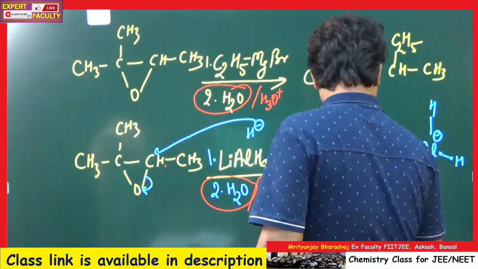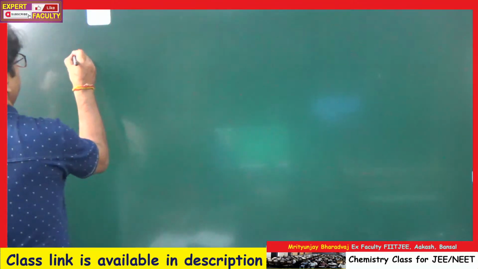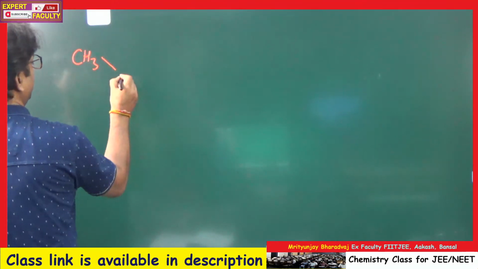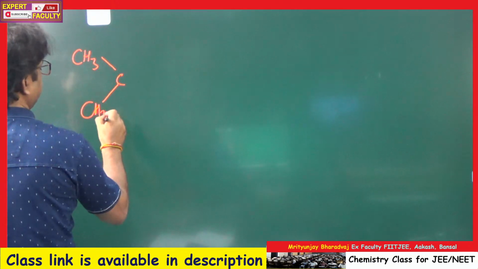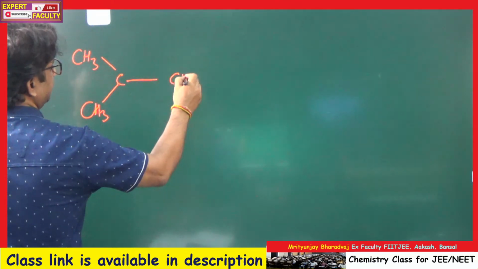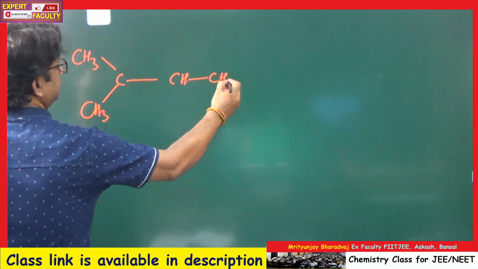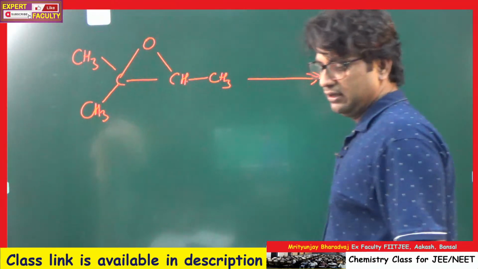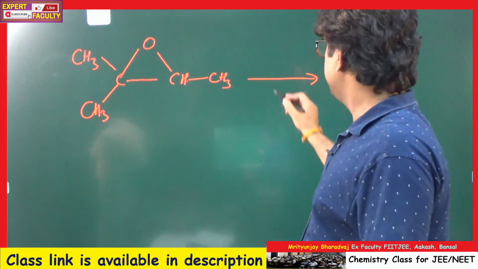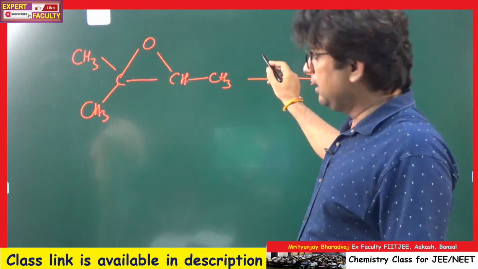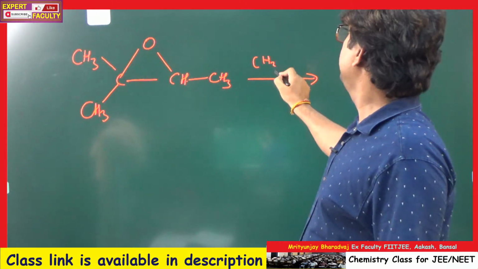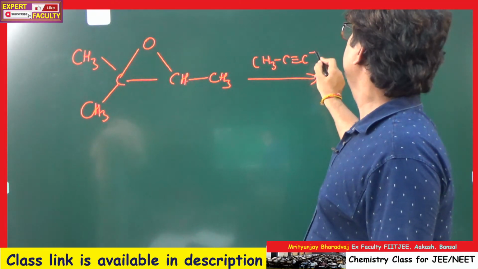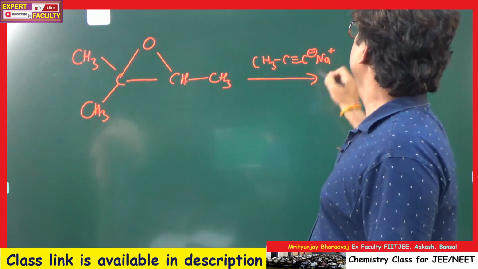Then one more reaction we can have. Look, all the reactions are following the same pattern. Once you understand, things will be a little bit easier. Definitely some practice will be required. We are taking here CH3-C triple bond C minus, Na plus.